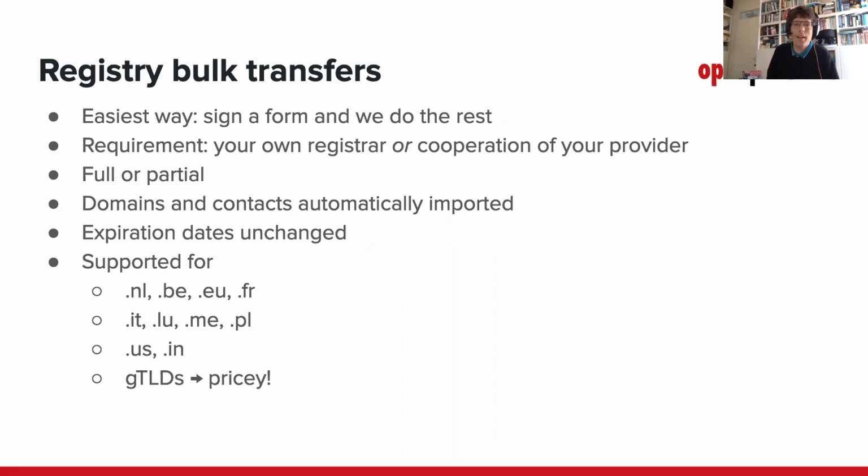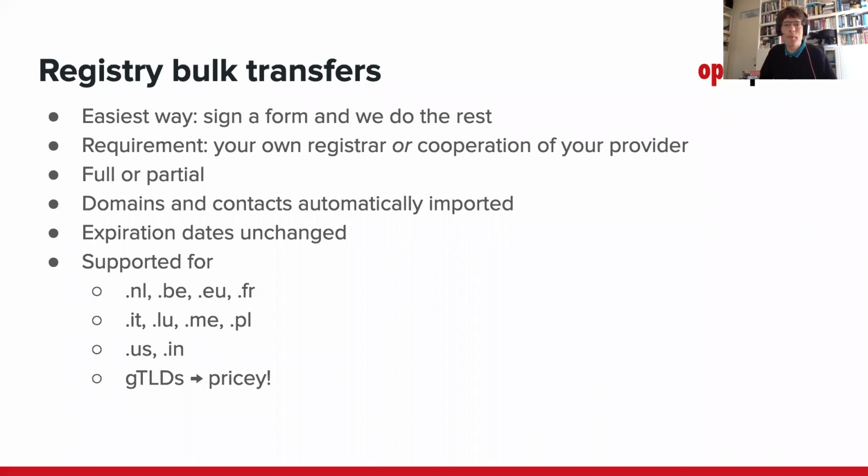Like I said before, they are terribly expensive, especially compared to the ccTLDs. For example, .eu is free of charge, .nl is 50 euros, .be is from 500 euros. So the amounts vary a bit, and depending on your situation, it's very cheap or it's still expensive. But gTLDs are so terribly expensive. We do them sometimes, but it always takes some deep breaths before a customer says, okay, let's do it.